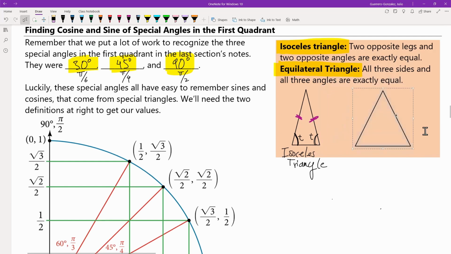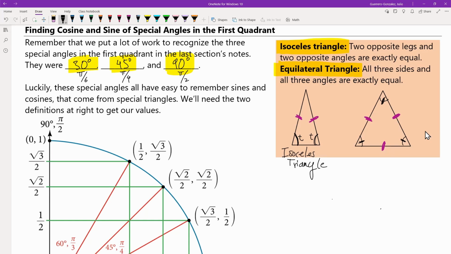An equilateral triangle is when all three sides are exactly equal, which means all three angles are exactly equal. So, for example, this side, this side, and this side would all be equal, which means all three of these angles would be exactly equal. These would be the same measurement. And it just so happens that all three of these measurements would be 60 degrees.